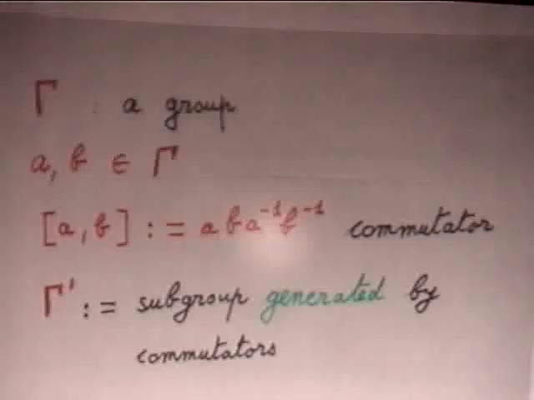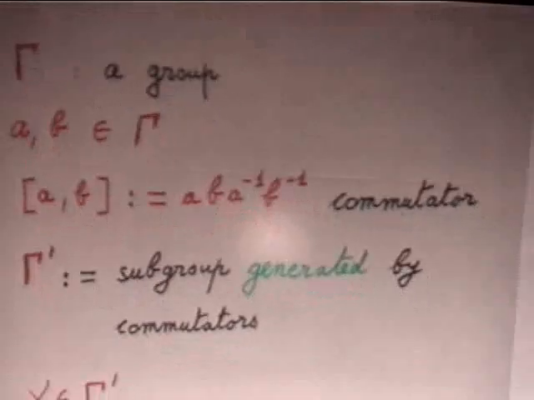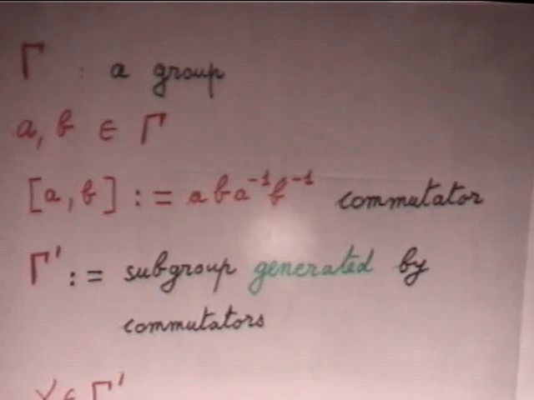So you start with a group, any group for the moment, gamma, and let me recall that a basic tool when you want to measure if a group is commutative or not is to compute the so-called commutators. So if you have two elements, A and B, in a group, the commutator of A and B is, by definition, the element A, B, A inverse, B inverse.